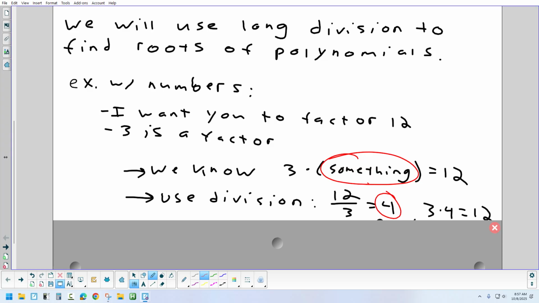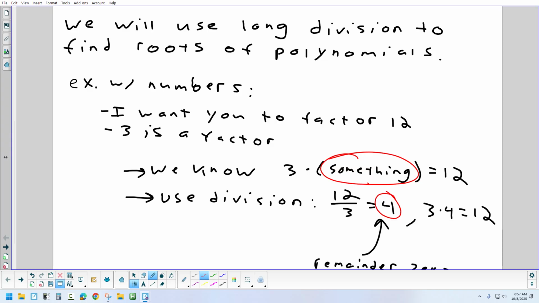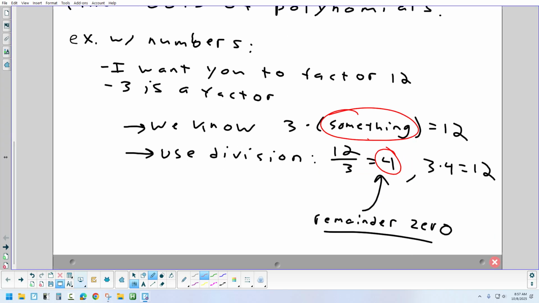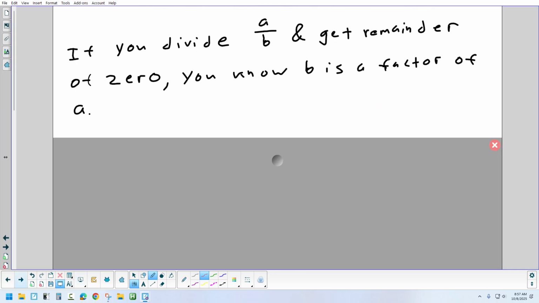Now, notice here, we divided 12 by 3. What did we get for a remainder? If you think about it using like long division. Nothing, right? Anytime you divide by something that is a factor, you get a remainder of 0. And that's a handy fact that's going to help us.